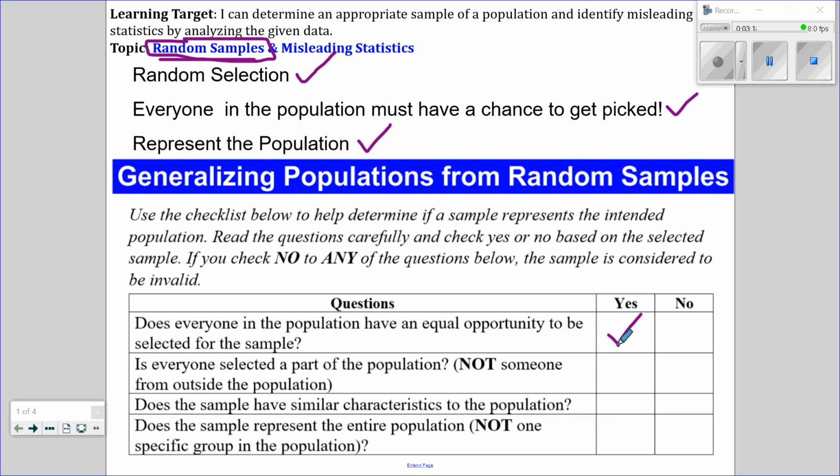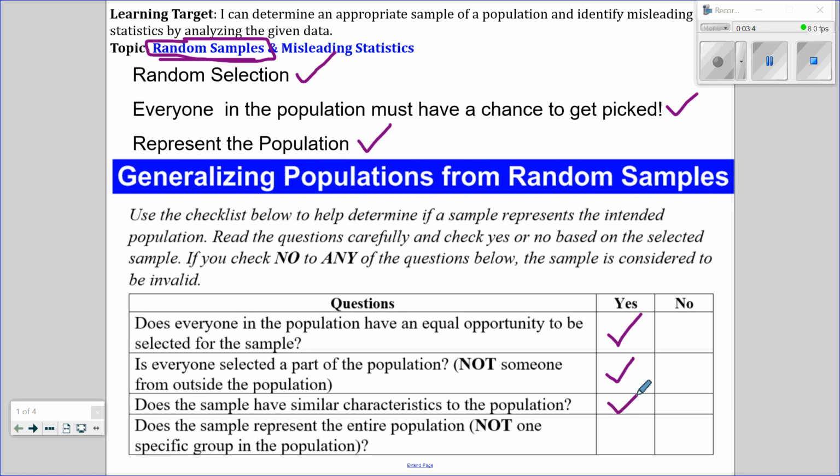If you're surveying your school, it doesn't make sense to pick somebody from the mall, because they might not go to your school. As long as everybody in the sample is part of the population, that's okay. Does the sample have similar characteristics to the population? Are you surveying boys and girls? You're not excluding anybody that would normally be in that population.